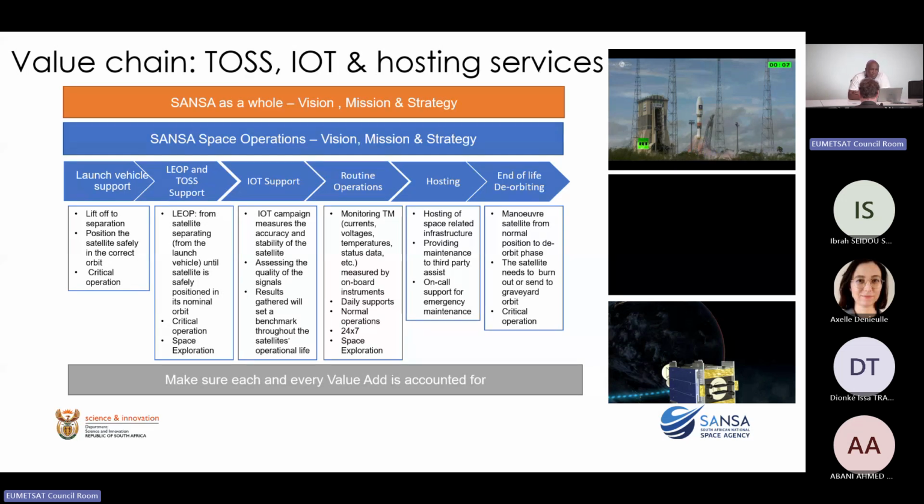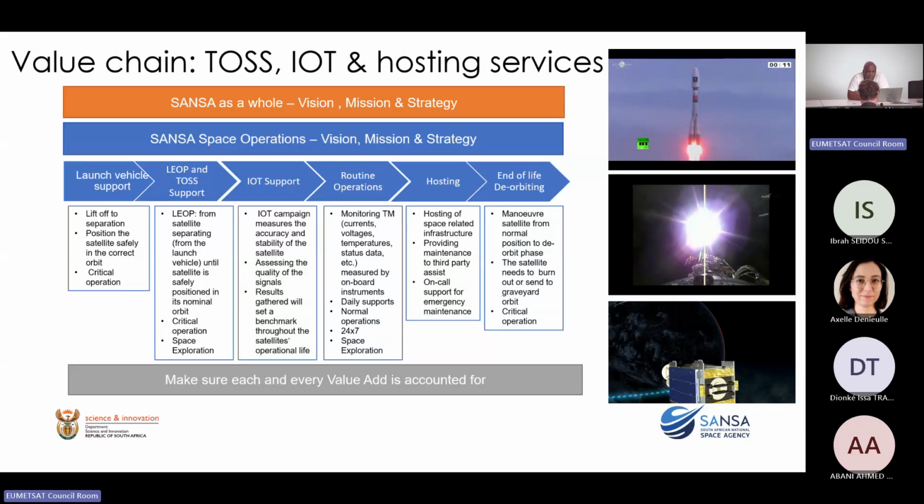As far as satellites, we offer launch and early orbit phase support. We support launch vehicle support, low Earth orbit phase, IoTs, and routine operations. We host hardware as well, and even the end of life of the satellite itself, we do support that phase.